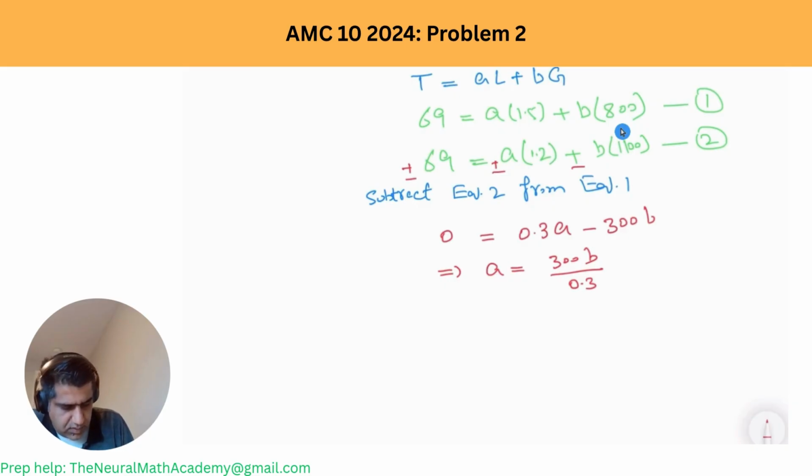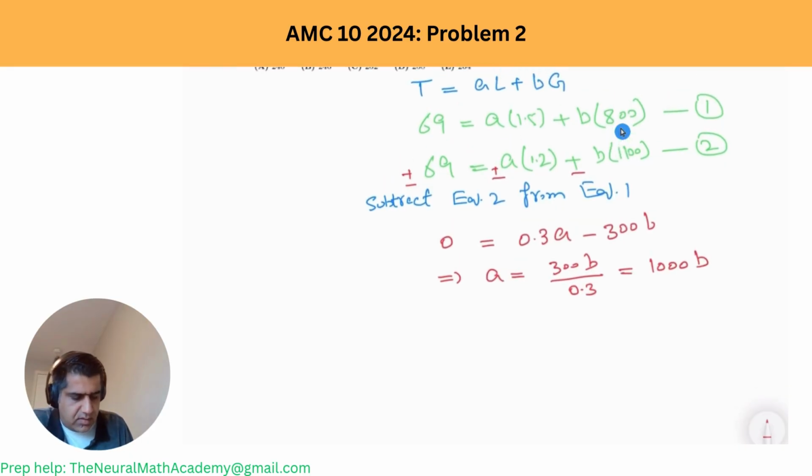So now I can write it like this: a is equal to 1000b. And now what I have to do, I can plug this expression, or this relation between a and b, in equation 1.